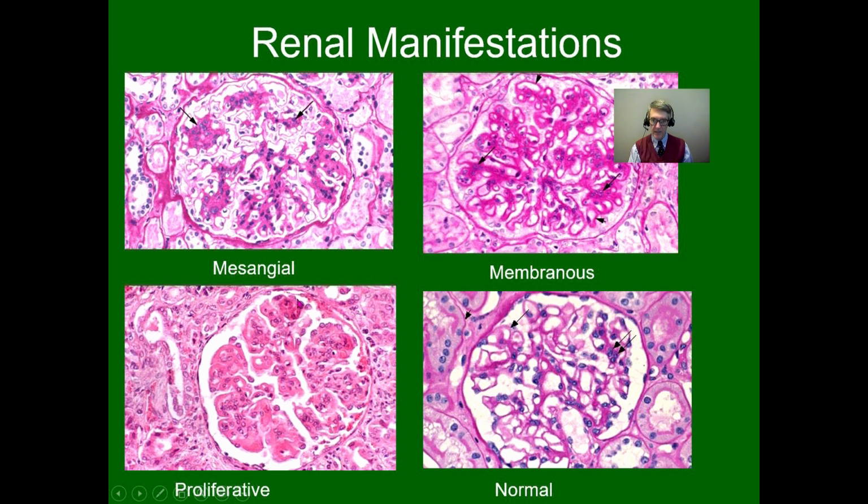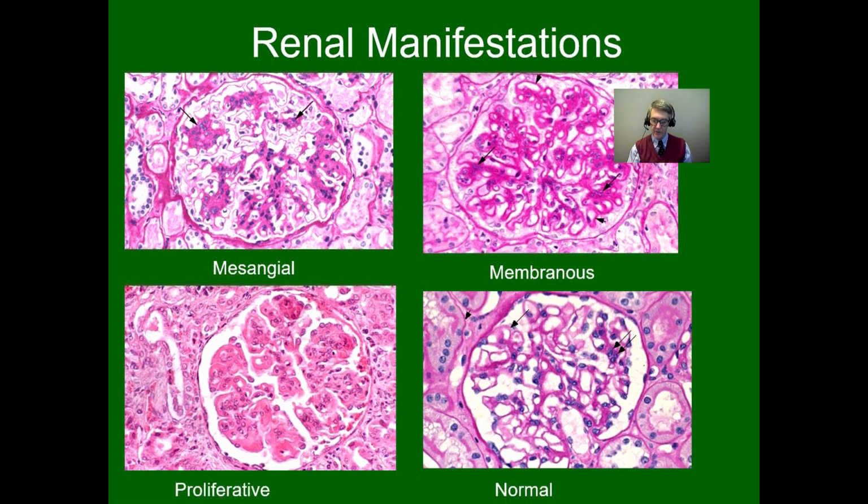The glomeruli is actually the filtering part of the kidney. If less than 50% of the glomeruli are involved, we call that focal proliferative, and if greater than 50%, we call that diffuse proliferative. This is very dangerous and actually can lead to kidney failure.